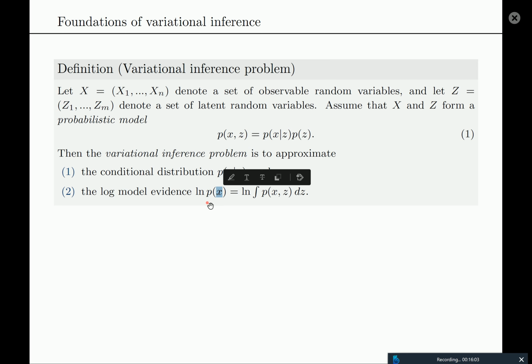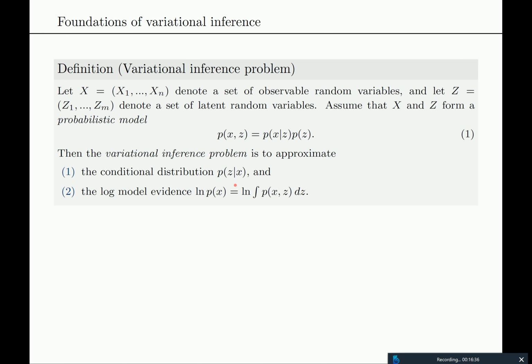One way you can always think here is that X is data, like X was always data, and Z are parameters. So here you want the marginal probability of the data under the model. You integrate out the latent variables, the parameters, and here you just form the posterior of the parameters given the data. So essentially the variational inference problem is just the problem of Bayesian inference.